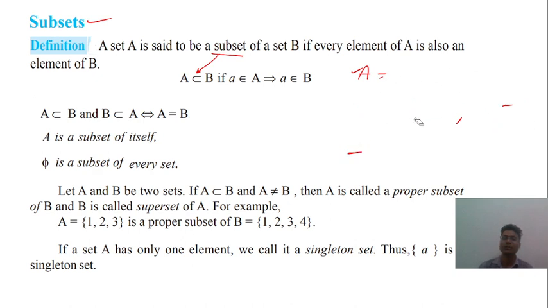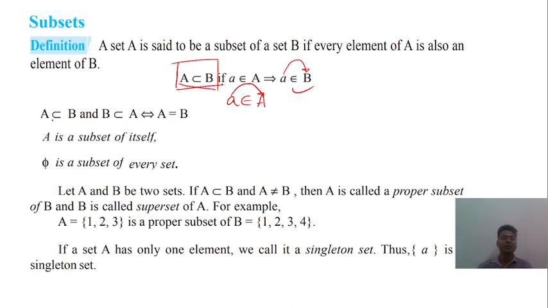Coming to our next point, which is listed here: A is a subset of B if every element that belongs to A also belongs to B. So then we can say A is a subset of B. Suppose we got some conditions where A is inside B and B is inside A. A is 1, 2, 3 and B is 1, 2, 3.